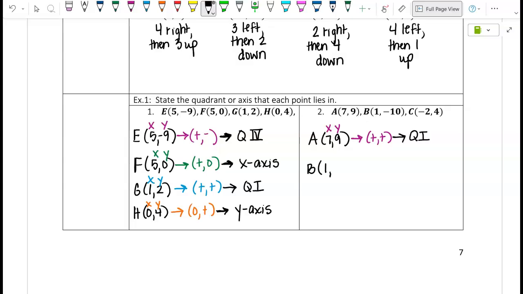B is the ordered pair 1, negative 10. So 1 is my x, negative 10 is my y. This time I have a positive negative pair. So which quadrant would that point fall in? 4. So this is going to be quadrant 4. I'm going to go to the right and then I'm going to go down, landing in quadrant 4.